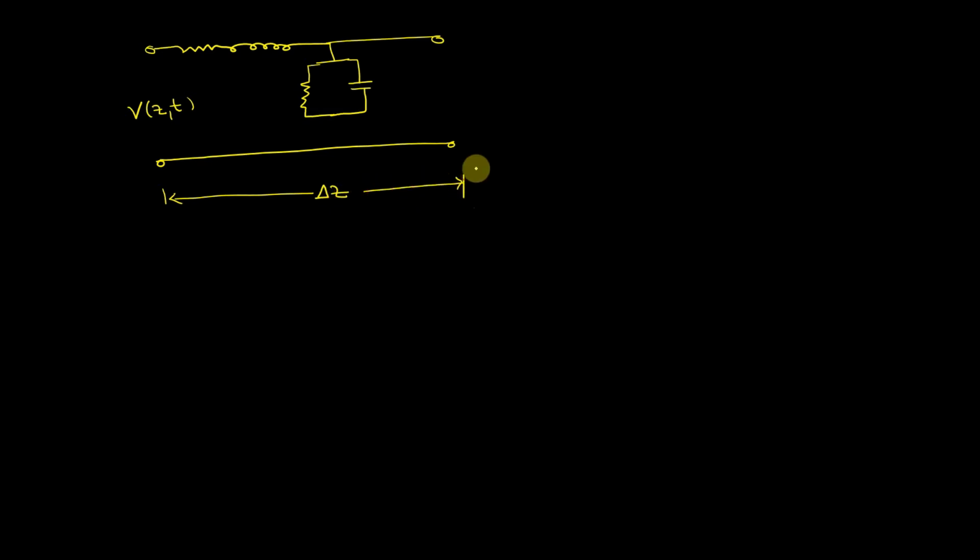Here at the destination the voltage is V(z+delta z, t). We keep time fixed, but we are considering the space variation here.